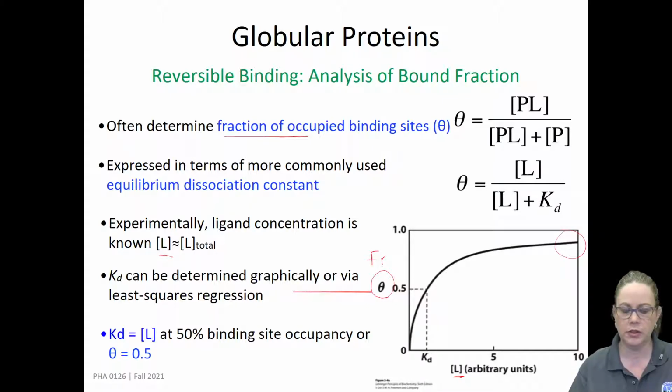To determine your KD value from a graph, you would locate the portion on the y-axis where you get 50% of your binding sites occupied, go over to the curve, and then drop down and see what your ligand concentration was.